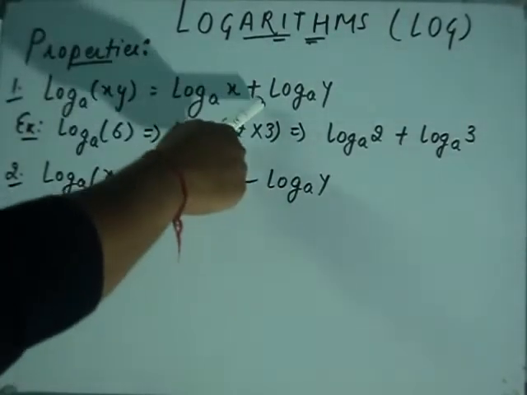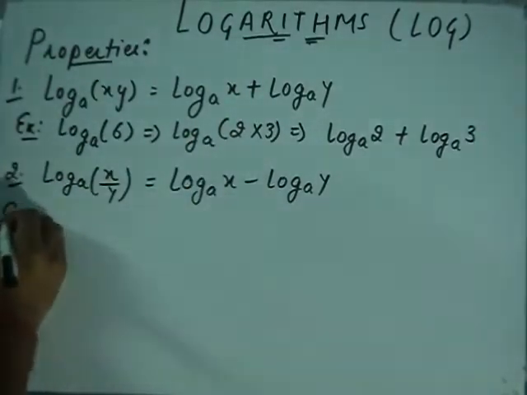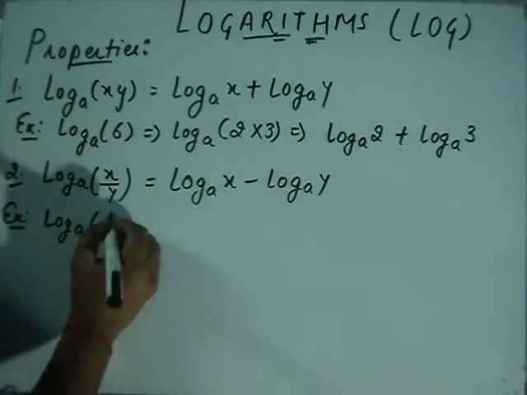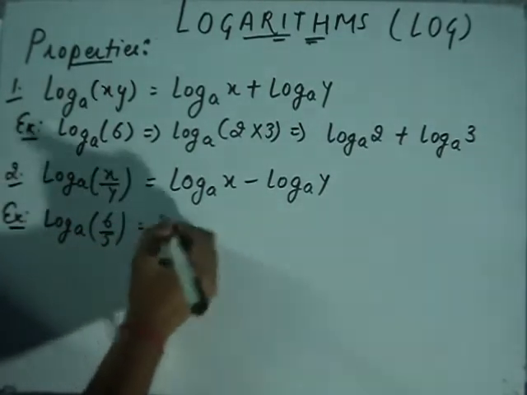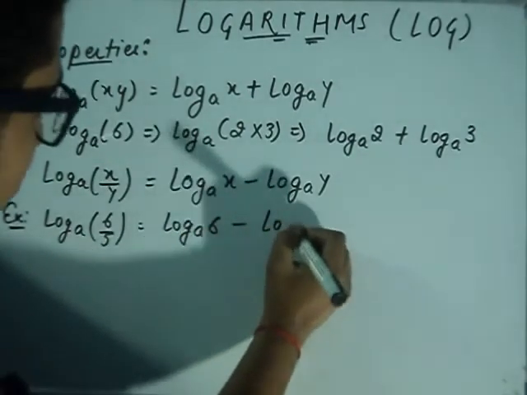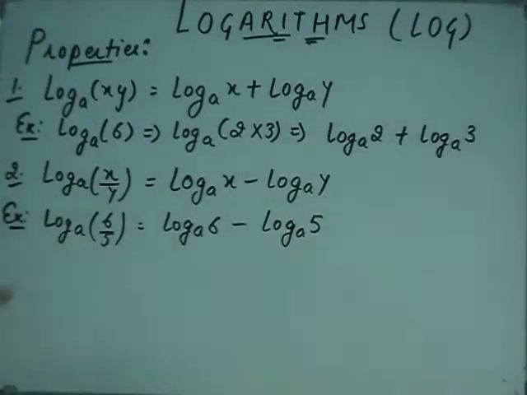The only difference is that here is a positive sign and here is a negative sign. Like we are having an example log a of 6 by 5, so we can write it as log 6 minus log 5. It is also valid when the base is the same.